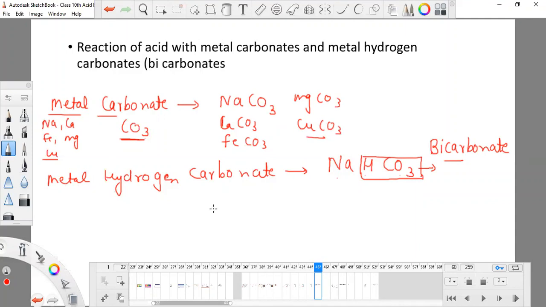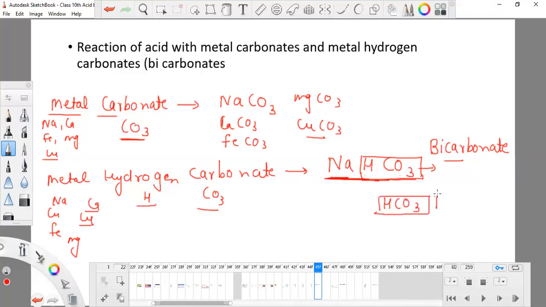But metal hydrogen carbonates are again metal, such as sodium, copper, ferrous, magnesium, or calcium, then hydrogen, and carbonate is again CO3. This entire thing is known as metal hydrogen carbonate. But this HCO3 is particularly known as bicarbonate.